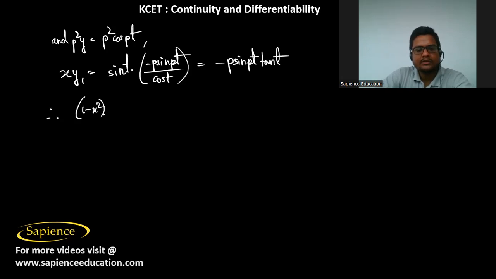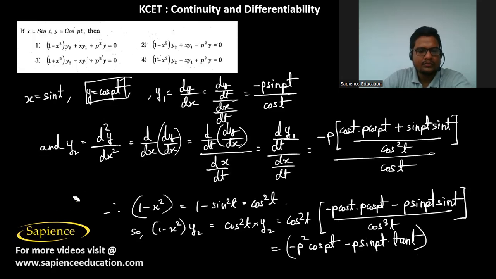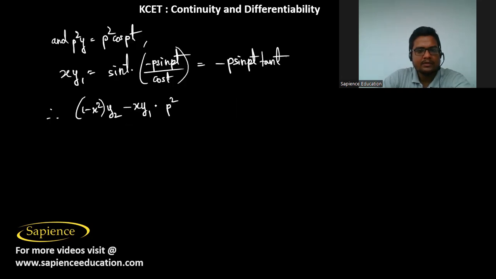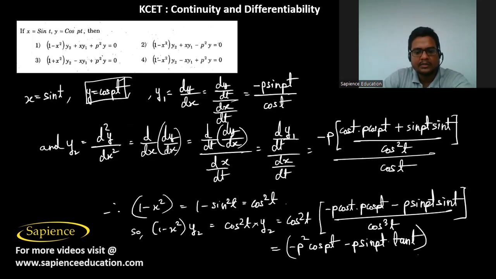Therefore 1 minus x square into y2 minus xy1 and plus p square y, then we will get minus p square cos pt, then minus p sine pt into tan t.